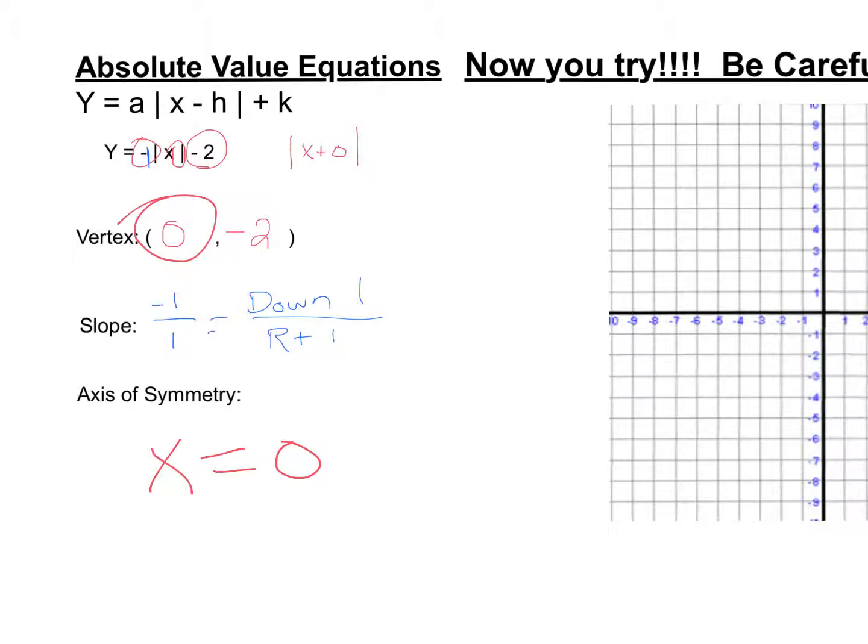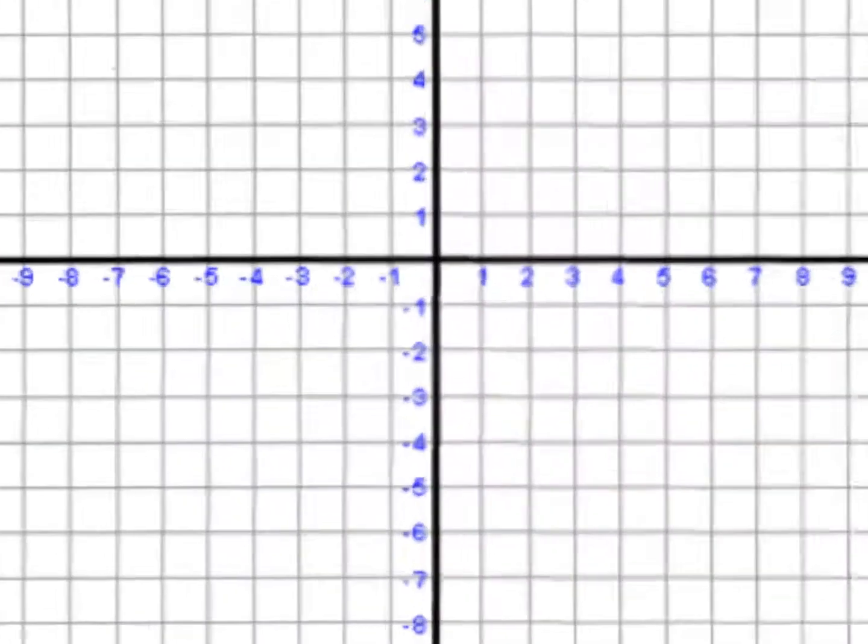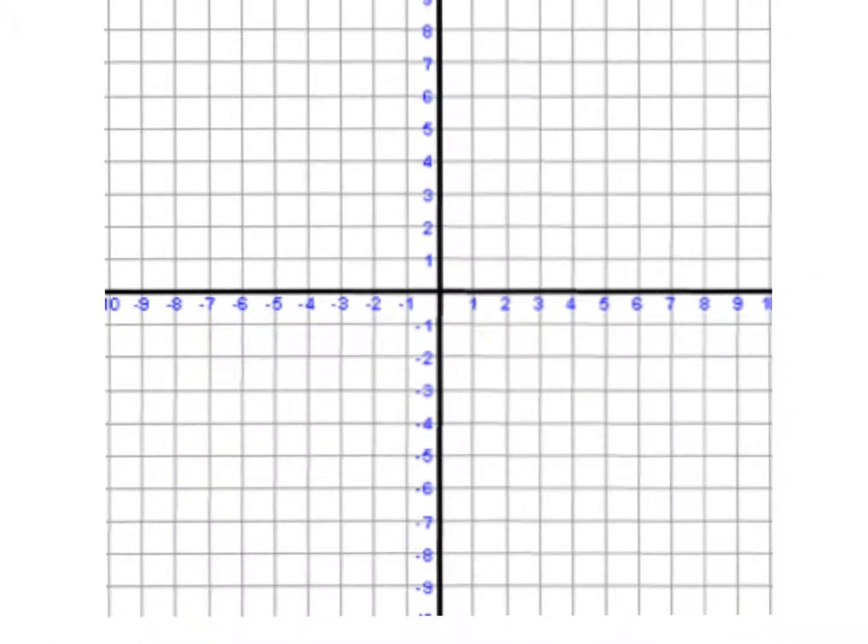Let's start to graph this up. We're going to graph the vertex. Now the vertex is 0, -2. Okay, so let's zoom in. So 0, -2 is right here. My axis of symmetry is going to go through the axis here, like so.